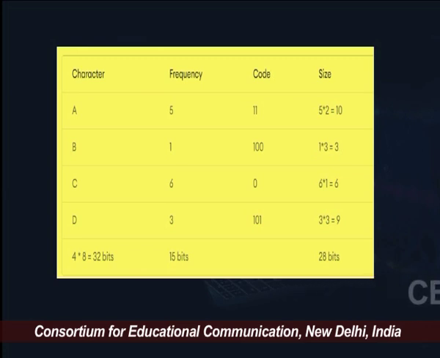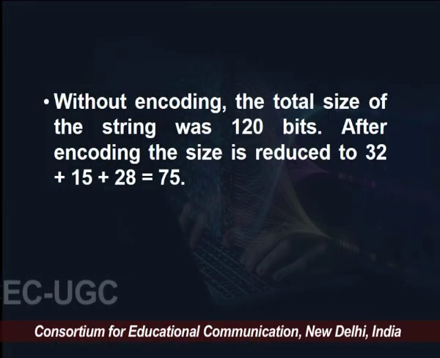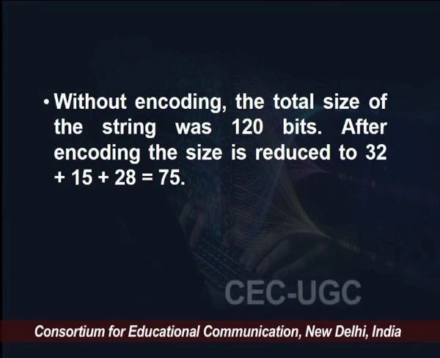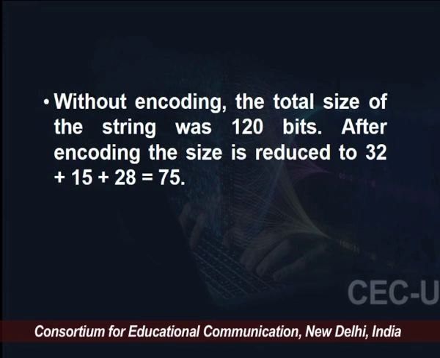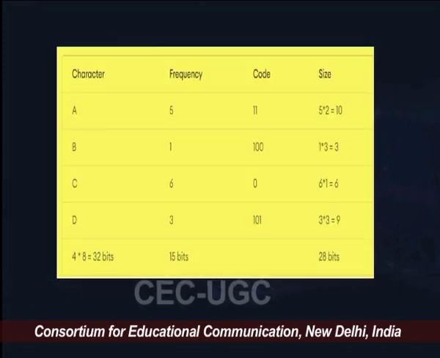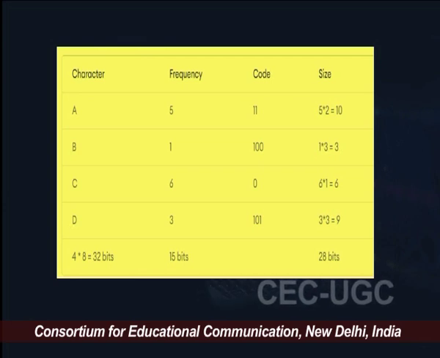So, as far as this example is concerned, without encoding the total size of the string was 120 bits, and after the encoding the size was reduced to 32 plus 15 plus 28, which equals 75, because along with this tree we need to send these codes also.